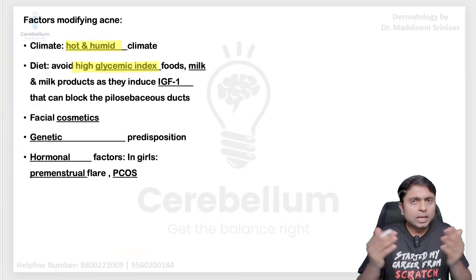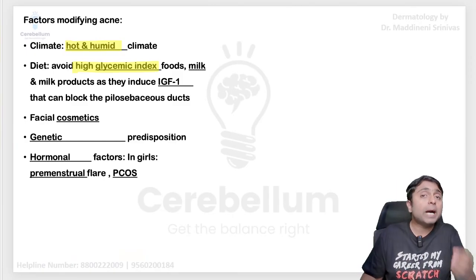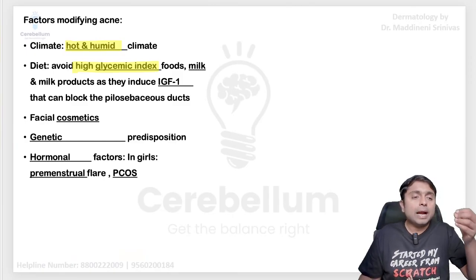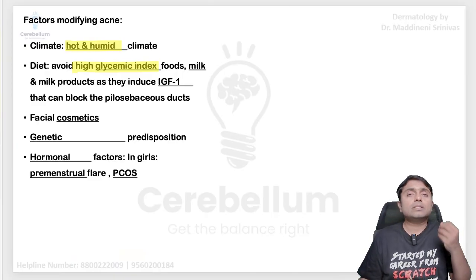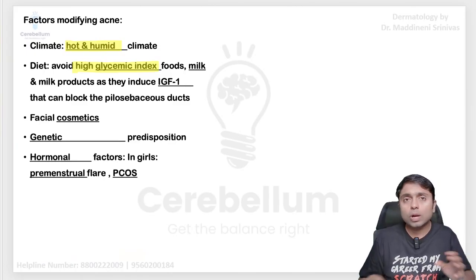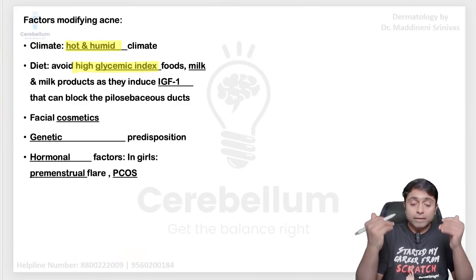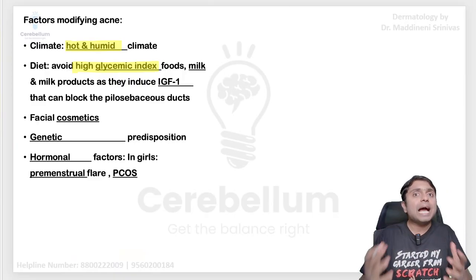Most importantly, sugar, all those white things, and also the maida, processed foods, pizzas, burgers, chocolates, biscuits, colas, Pepsi, Coca-Cola, whatever. All this stuff has a high glycemic index, and all of these are a triggering factor in acne vulgaris.